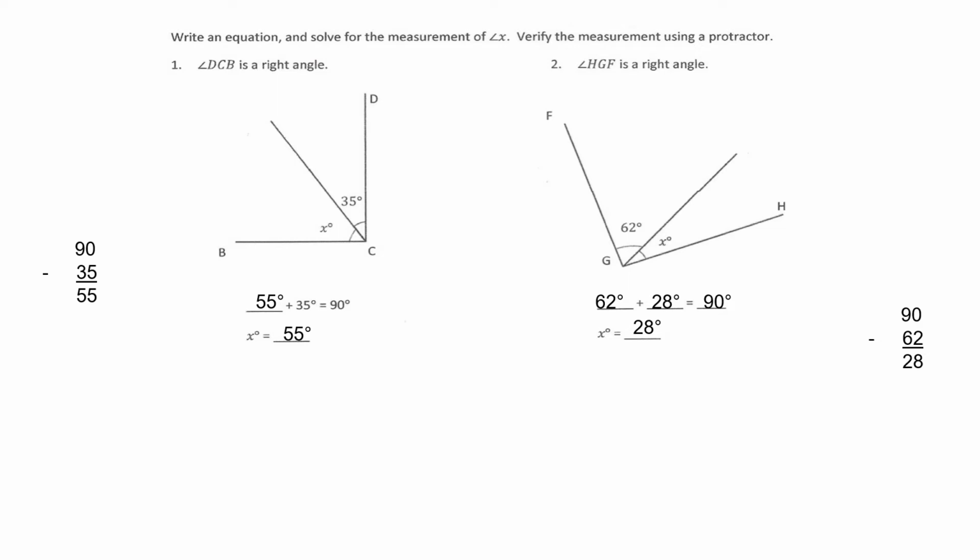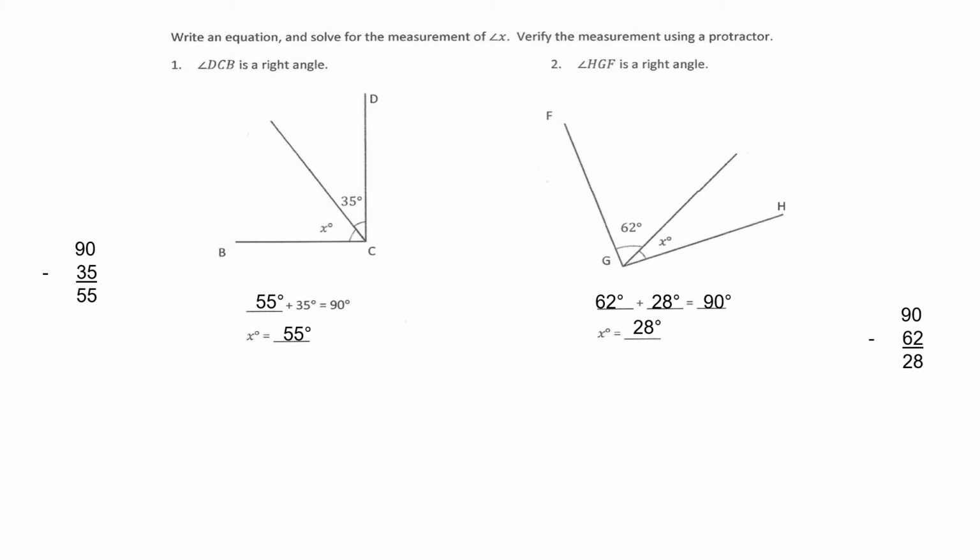So we know the whole, which is 90, and we know the part, which is 35, and if we subtract, and I know that I did not decompose because it was difficult to do in this slide, but we decompose the 9 and make it 8, and this becomes 10. 10 minus 5 is 5. 8 minus 3 is 5. So x equals 55 degrees. So 55 degrees plus 35 degrees equals 90 degrees. And you can double check that with a protractor.